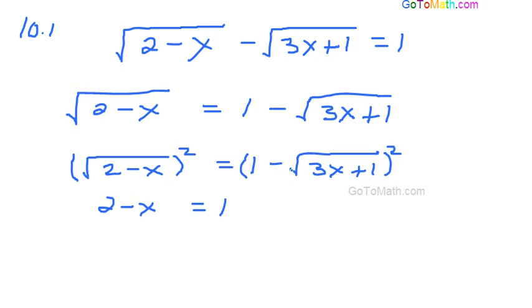Then we got 1 times the square root of 3x plus 1, and then the negative square root of 3x plus 1 times 1. So that's going to be 2, let's see, minus 2 of them, the square root of 3x plus 1. And then negative square root of 3x plus 1 times negative square root of 3x plus 1 is a positive, and then the square root is going to fall away.